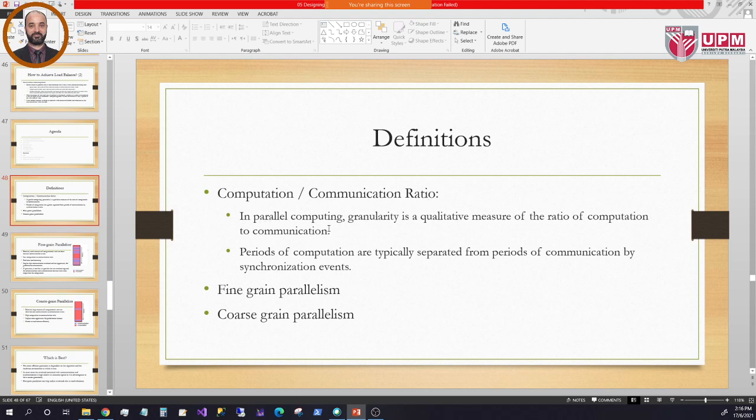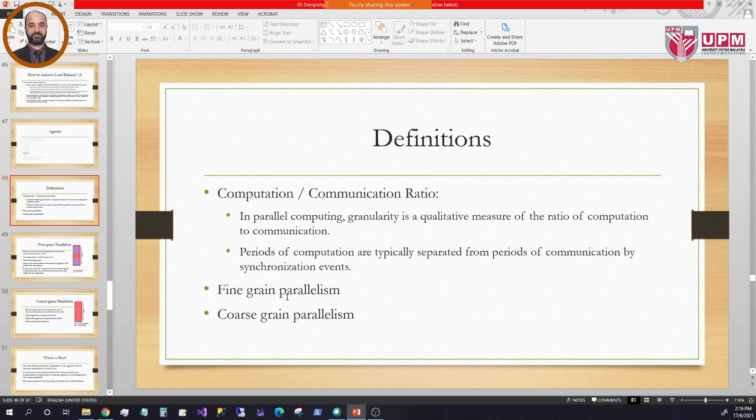In parallel computing, granularity is a qualitative measure of the ratio of computation to communication. Periods of computation are typically separated from periods of communication by synchronization events.